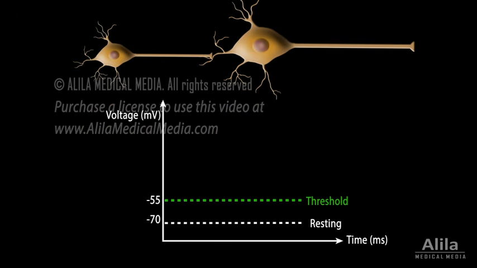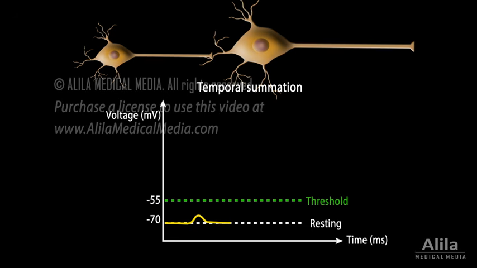A typical EPSP produced by a single action potential in the presynaptic neuron is around 1 millivolt and lasts about 15 to 20 milliseconds. To reach the threshold, the postsynaptic neuron must receive multiple EPSPs nearly at once. There are two ways this can happen.